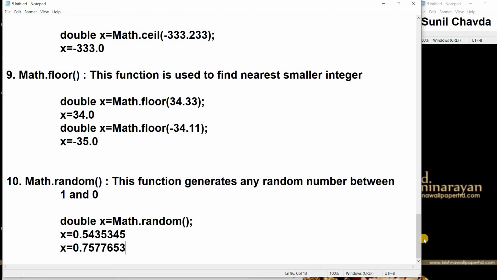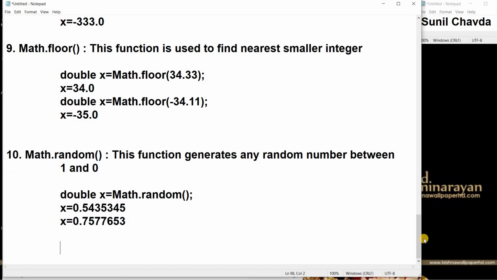Now how to use Math.random in a program? Suppose you wanted to generate a number which is between 0 and 10, then you have to write Math.random multiply by 10 and put it into a double variable.